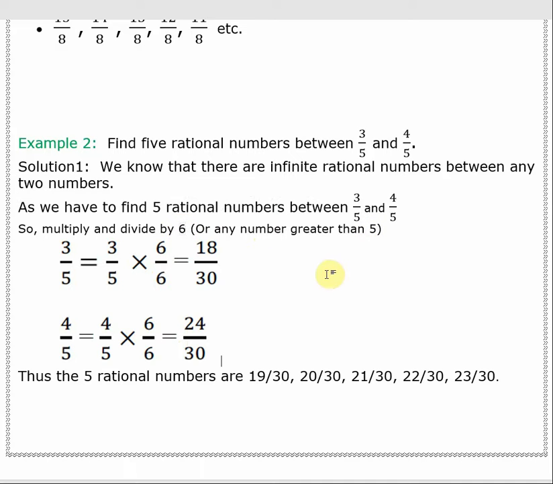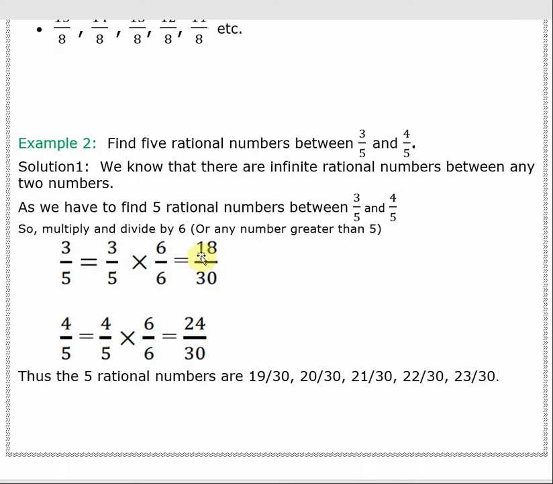One can multiply with 7 by 7 also, 8 by 8 also, 10 by 10 also, no problem, the sum would be correct. But why have I done with 6 by 6? Because we want to keep the value as small as possible, we want to keep it very easy. So we have chosen 6 to multiply up and down.